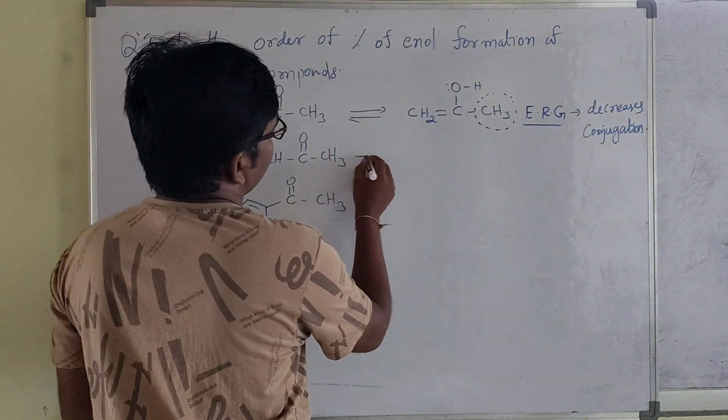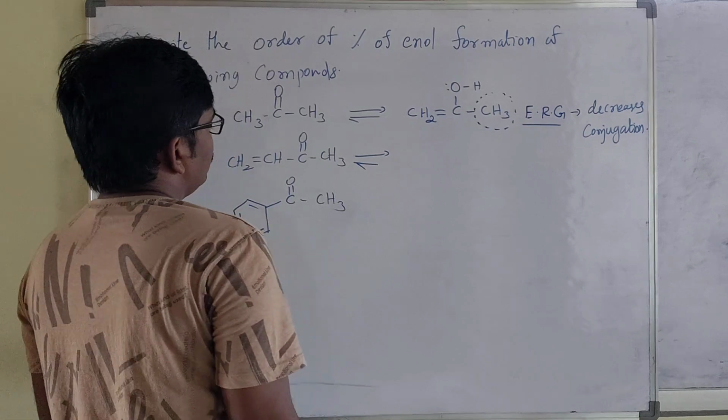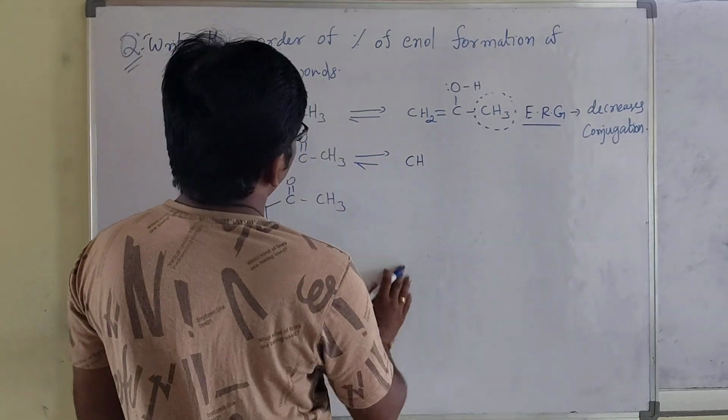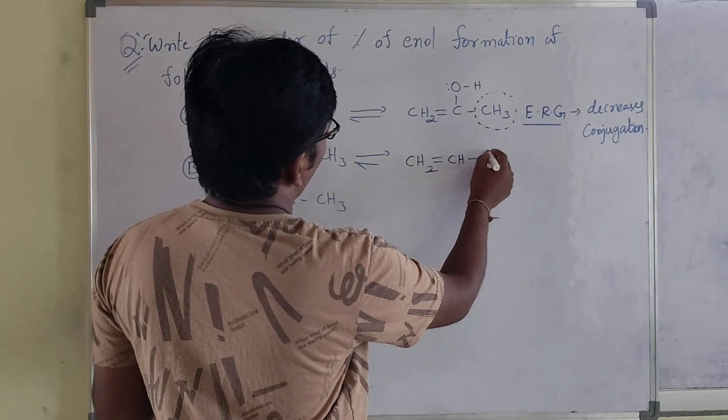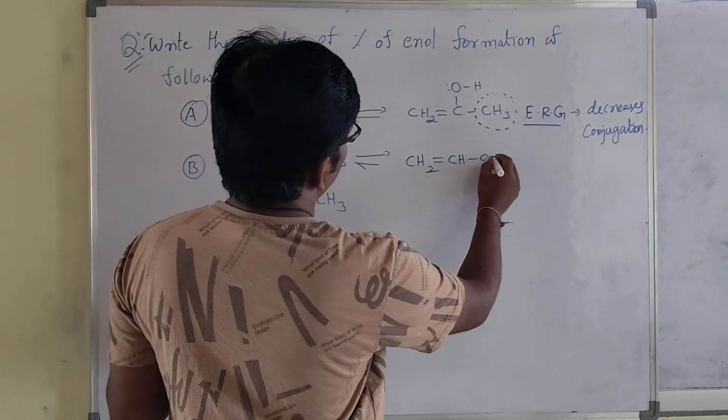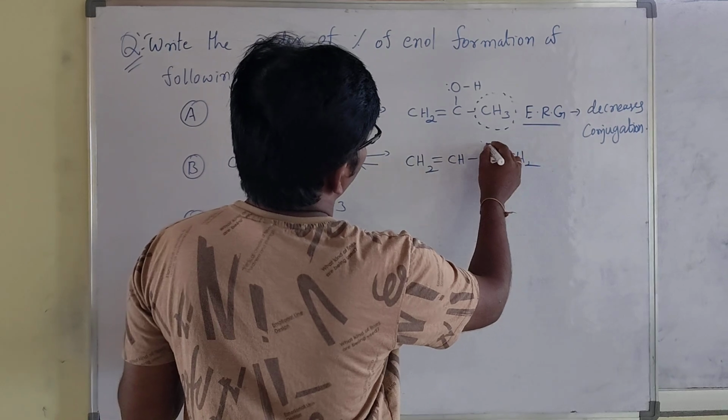Next, if you come to there, CH2, already a double bond is there, then CH, then bond C, so double bond CH2, bond OH, like this.